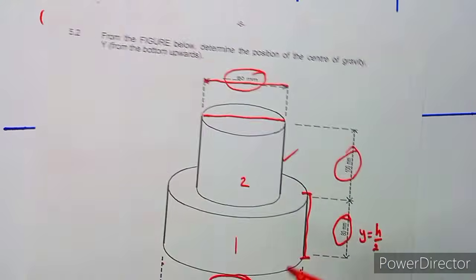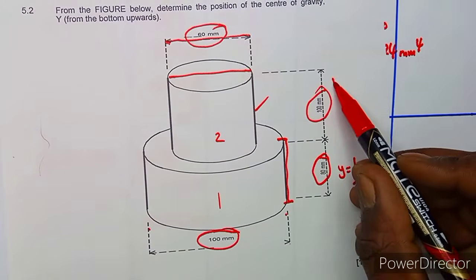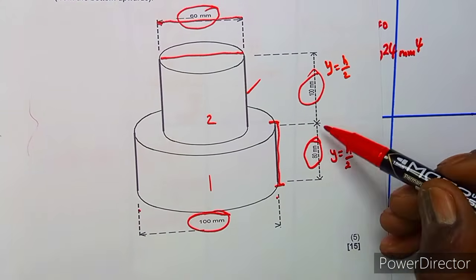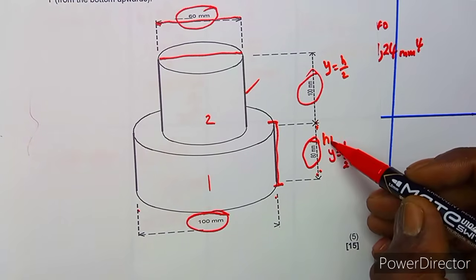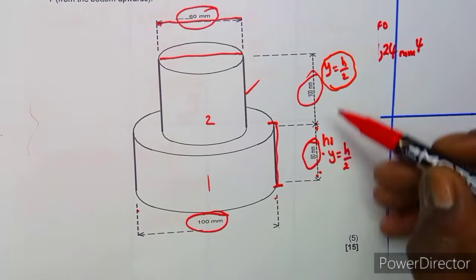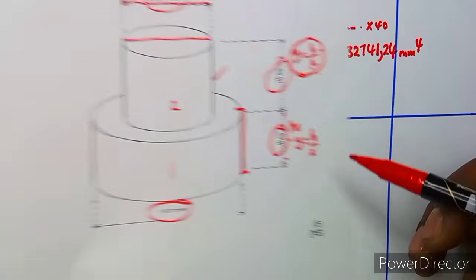Now I want you to take note that it's true that our center of gravity is supposed to be y equals h over 2, but take note, we are above this 80 millimeters. We are going to add our h1 to this. So it's going to be h1 plus h over 2, and that will be the total center of gravity.